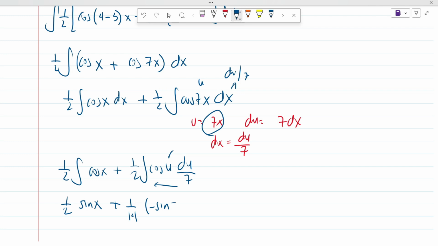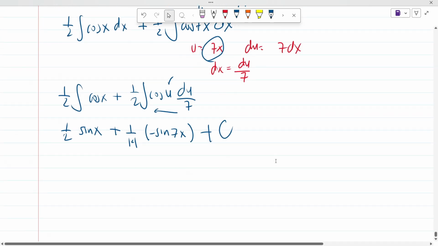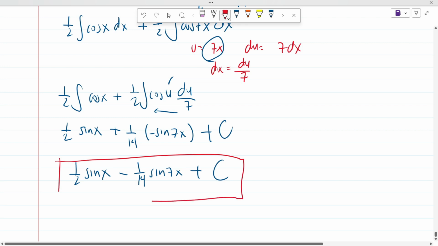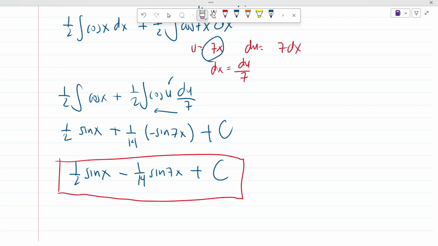It is 7x plus c. So this will be 1 half sine 7x plus c, the final answer for that problem. Wait, the integral of cosine of u is positive sine, sorry. So this will be a positive sine.